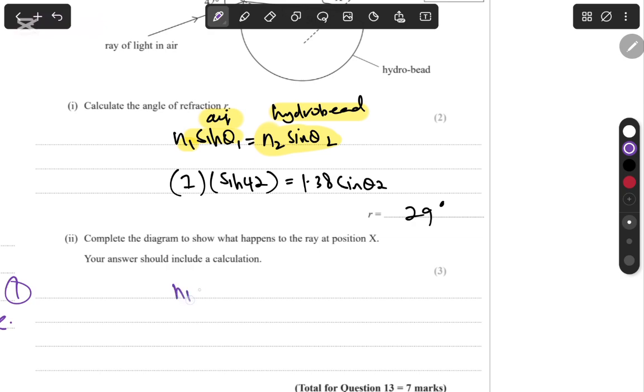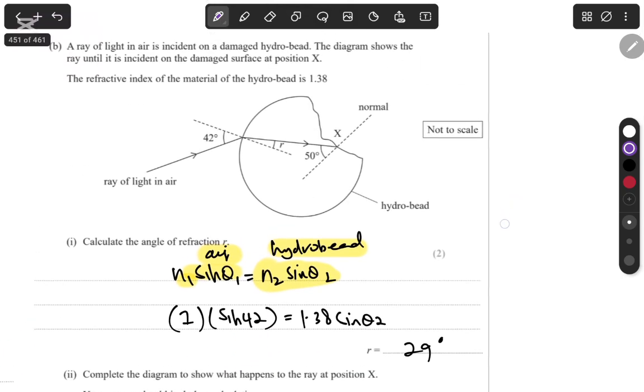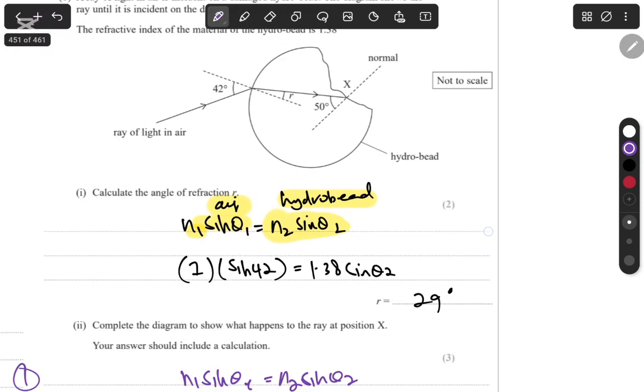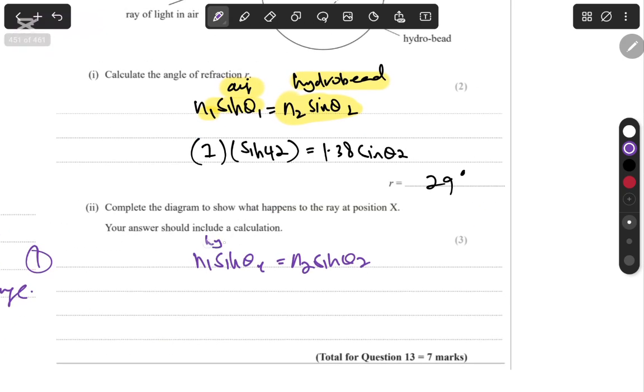So let's do N1 sine theta 1 equals N2 sine theta 2. Let me just write this down first. Here we're going from the hydro bead to the air.